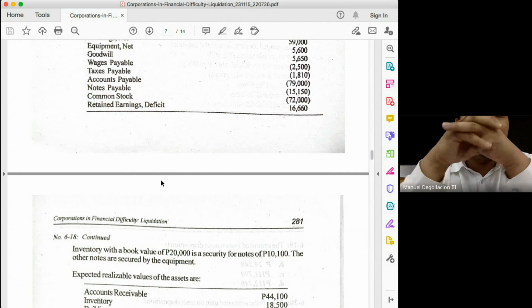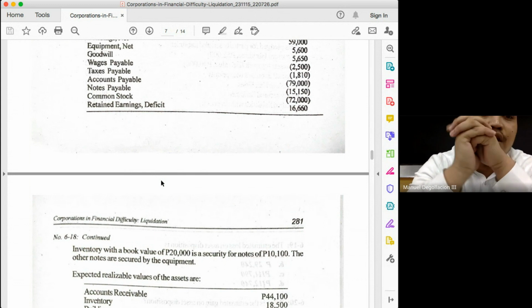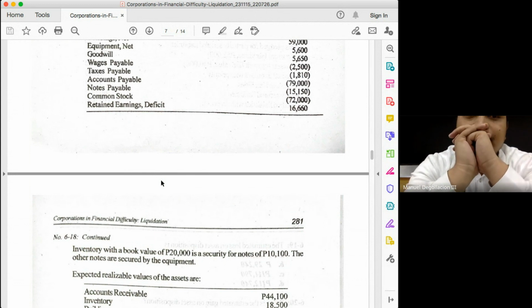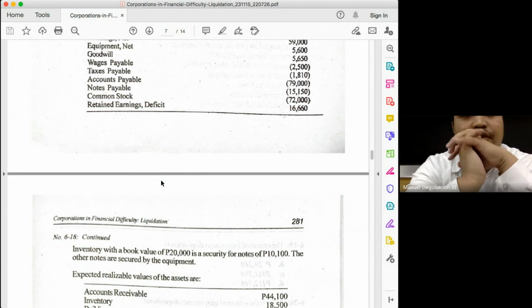And again, very important, we are not just talking about any administrative expense. We are not talking about administrative expenses related to operations. We're talking about administrative expenses related to the liquidation. Okay, so wages payable would be unsecured with priority. How about taxes payable? Unsecured with priority.